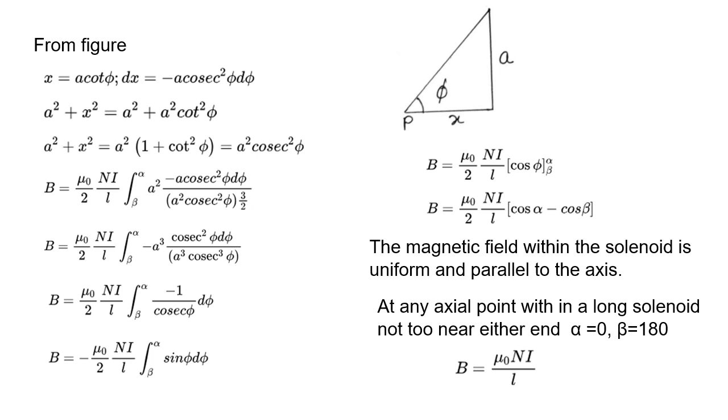The magnetic field within the solenoid is uniform and parallel to the axis. At any axial point within a long solenoid, not too near either end, when α equals 0 and β equals 180 degrees, B equals μ₀NI/L.